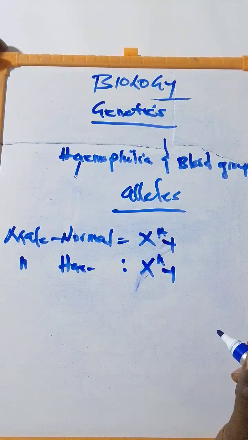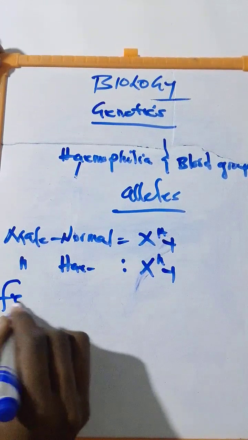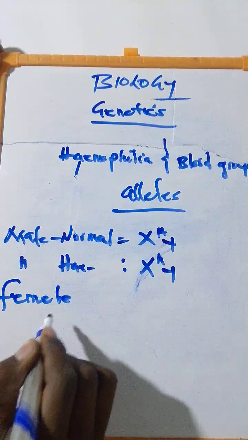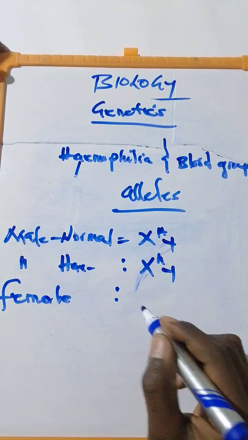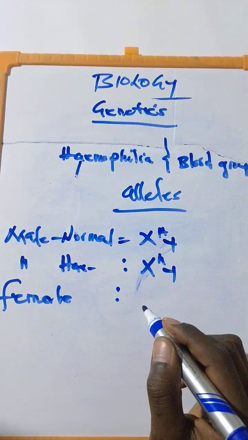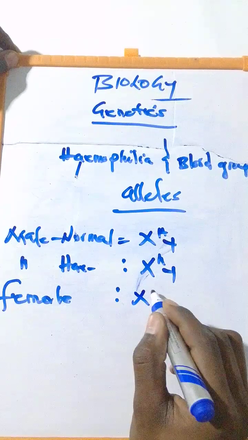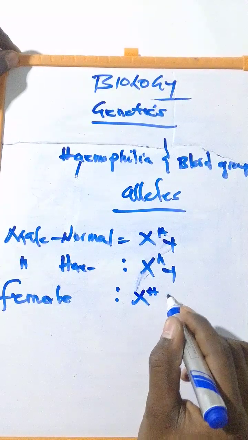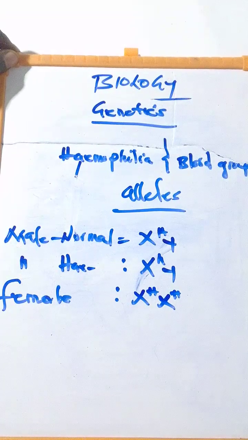We know that the sex of a male is determined by Y. Then we'll talk about the female. A female who is normal will have these alleles. So the female who is normal will have X capital H, then again X capital H. So this female is normal.